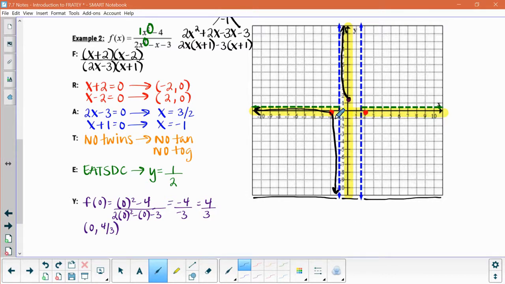Similar to what we did over here, I do have an x-intercept, so I know that I need to go through that. I'm going to come close to this vertical asymptote, go through my x-intercept, come out to my end behavior. And since I don't have any togetherness at this vertical asymptote either, I'm going to draw my curve so that it's going up in the other direction.